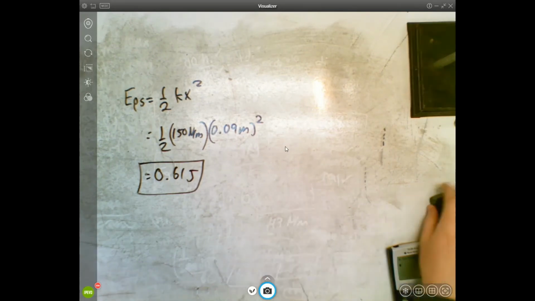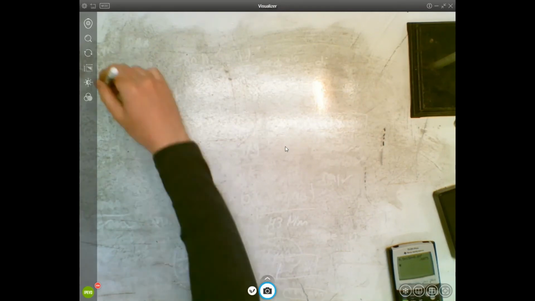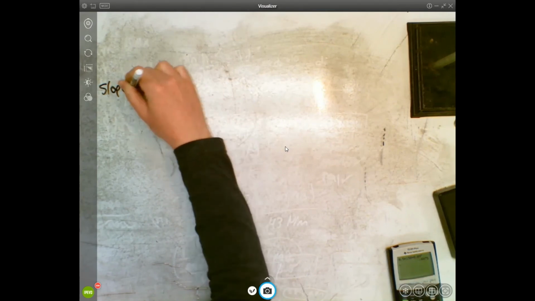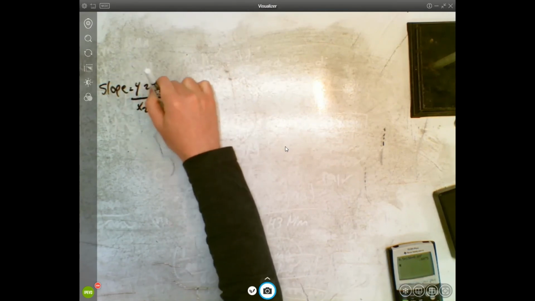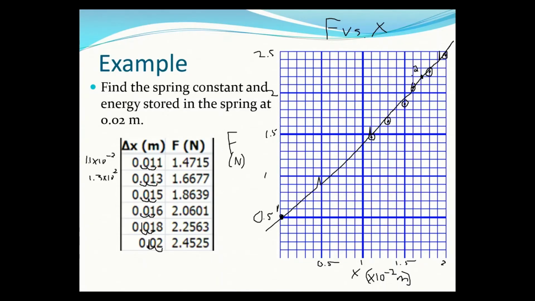Okay, I'll have to go in between the two. So slope is going to be equal to y2 minus y1 over x2 minus x1. So if I take a look at our y2 and our y1, we have 2.2 and 0.5.